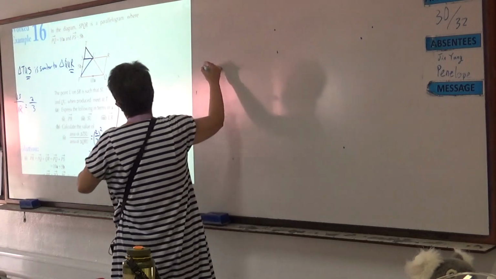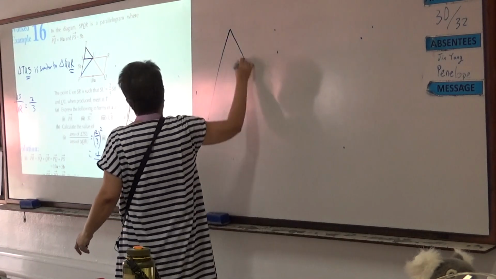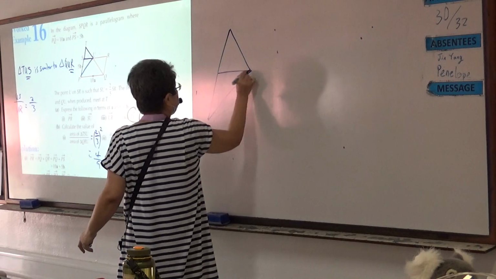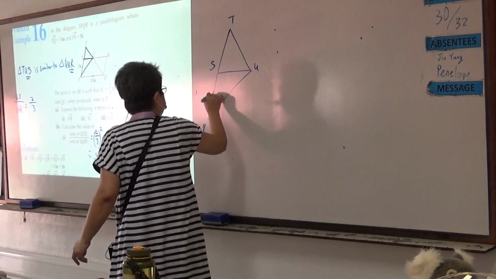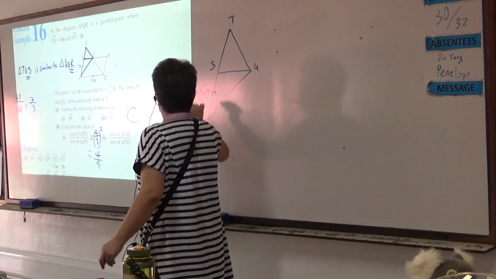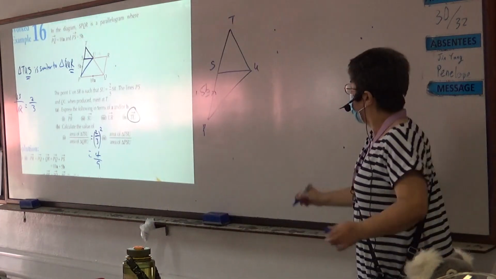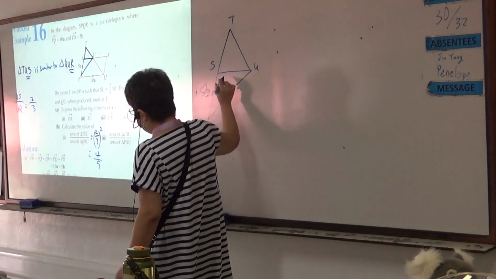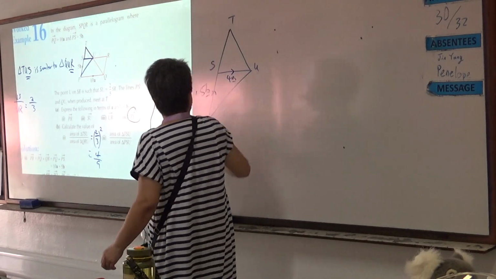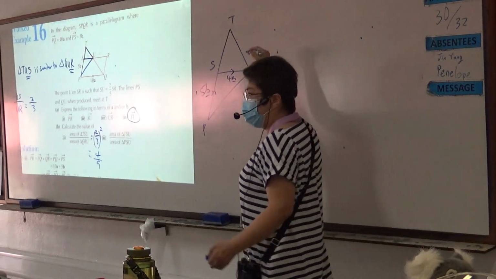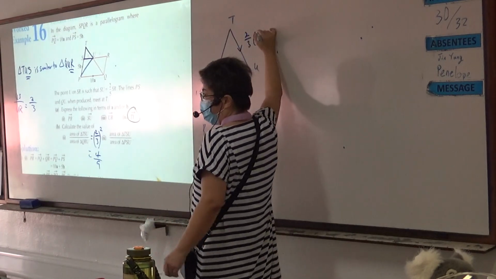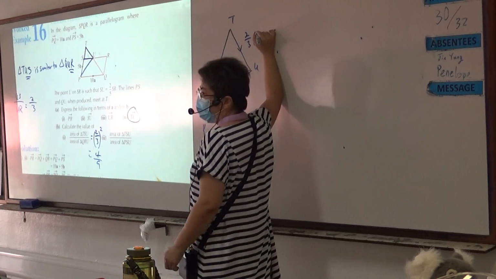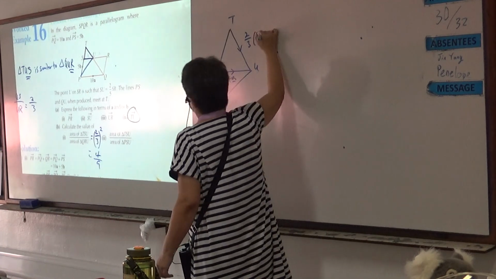Okay, I want all of you to look up here. Okay? Just now we found SU is what? 4A. What about TU? Just now we found, what is it? 2/3 of what? 6.